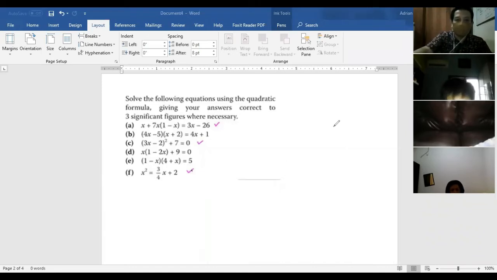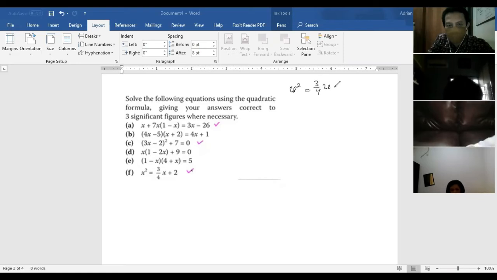Okay, students, we go to the next question, right? The next question is x squared equals 3/4 x plus 2. Okay, clear, everyone? Do you have any suggestion how to simplify this one first? Everyone? How to simplify this equation?